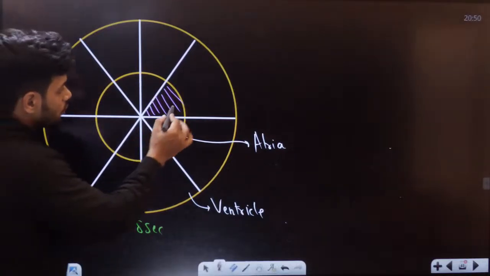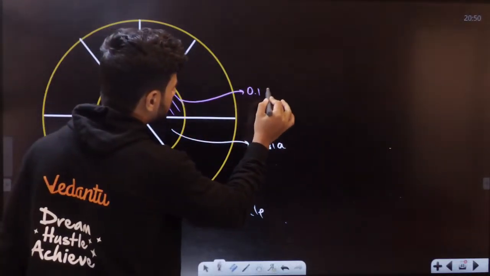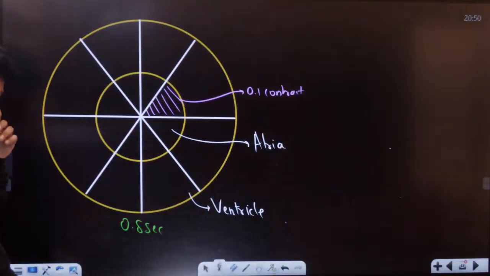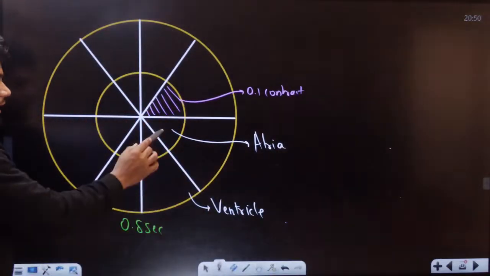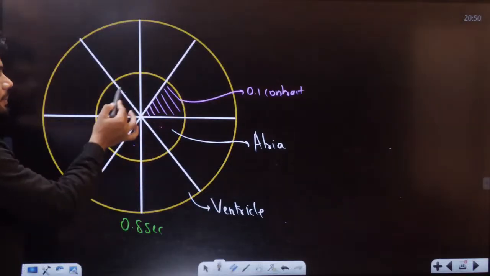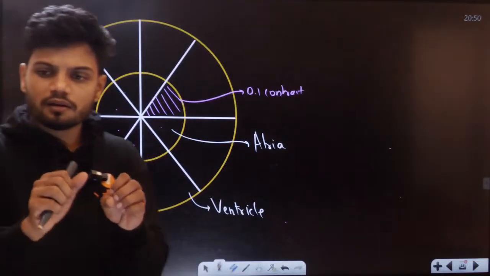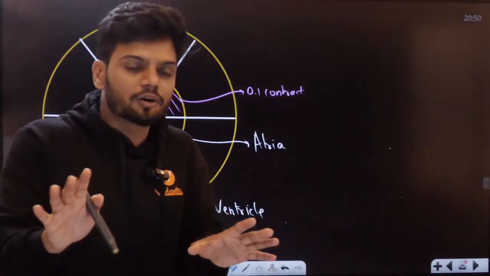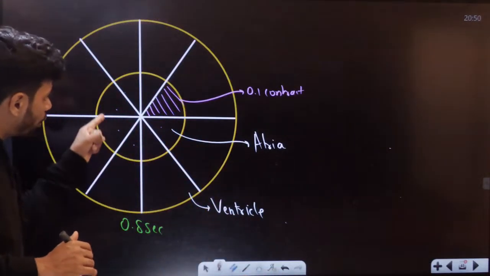Then this is your 0.1 contract. That is basically systole. The remaining, 0.1, 0.2, 3, 4, 5, 6, 7, the remaining 0.7 it is relaxed. So the atria is relaxed all of this time.